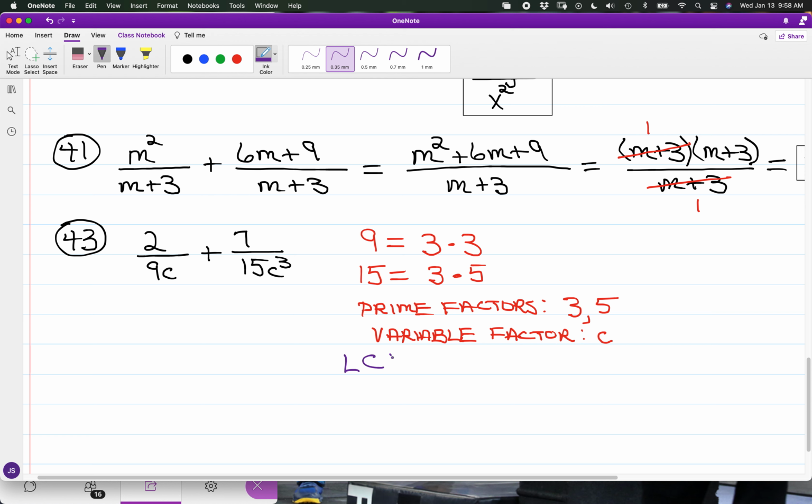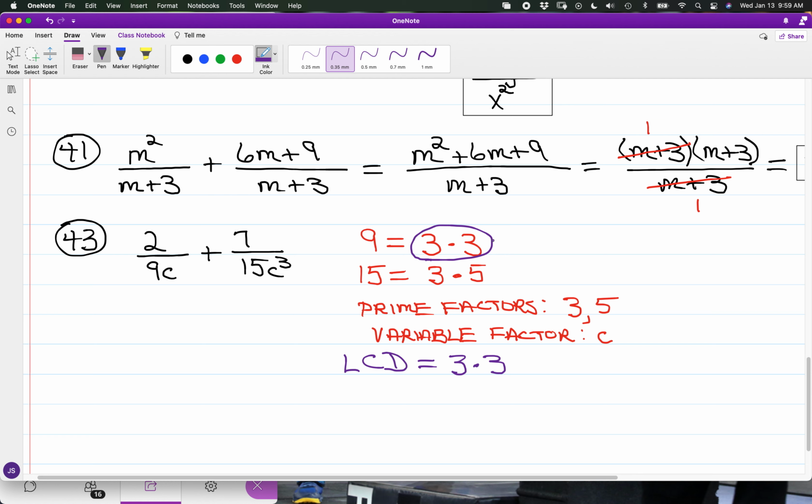For the least common denominator, you're taking with 3 and 5 the greatest representation of each of the prime factors from any one of the factorizations. With 3, it appears once from 15, but it appears twice from 9. So the highest representation of 3 stems from 9.